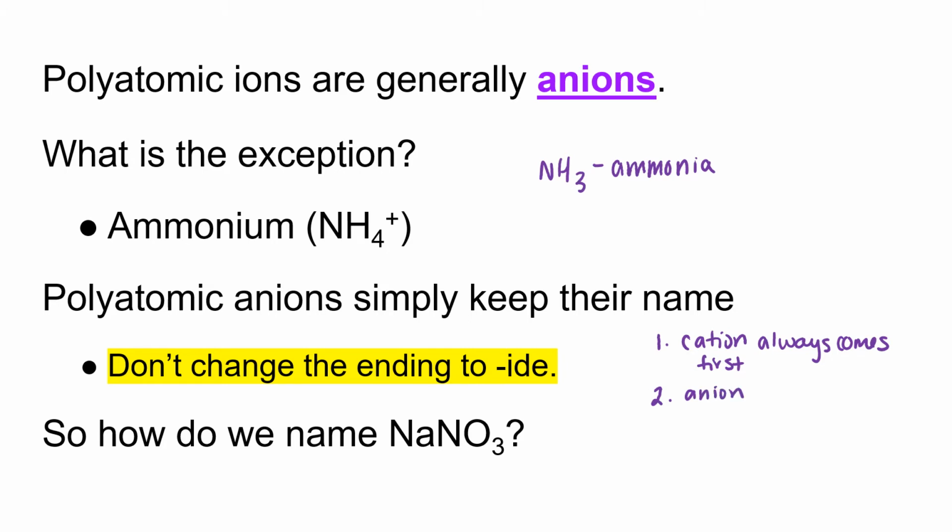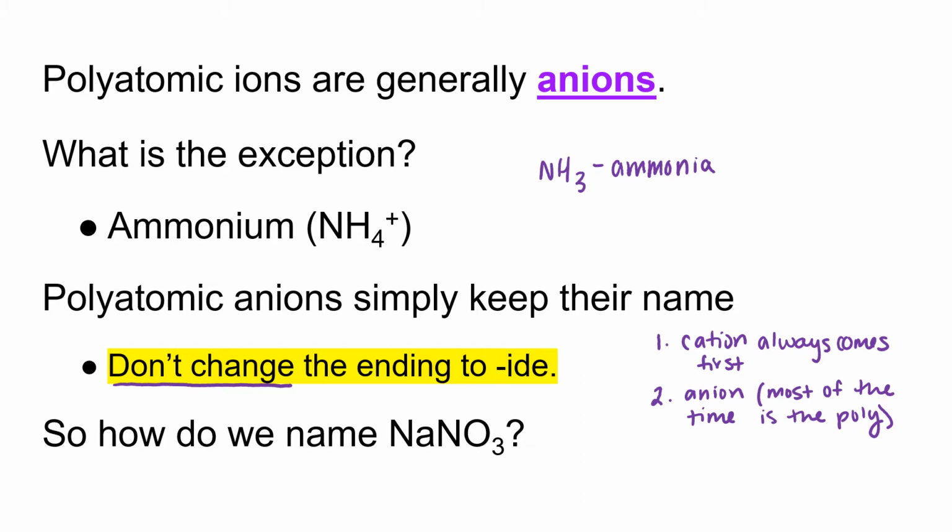But the big thing with the anion, which most of the time in ternary naming will be your polyatomic ion, is that instead of changing the ending of the polyatomic ion's name to "ide," we are not going to change it. Do not change the ending to "ide." You're going to just keep it as the polyatomic ion's name.